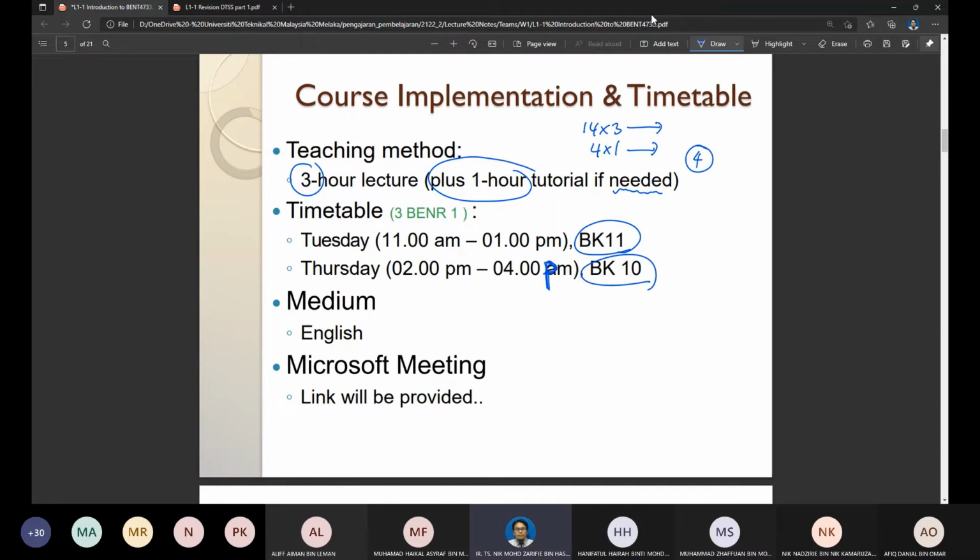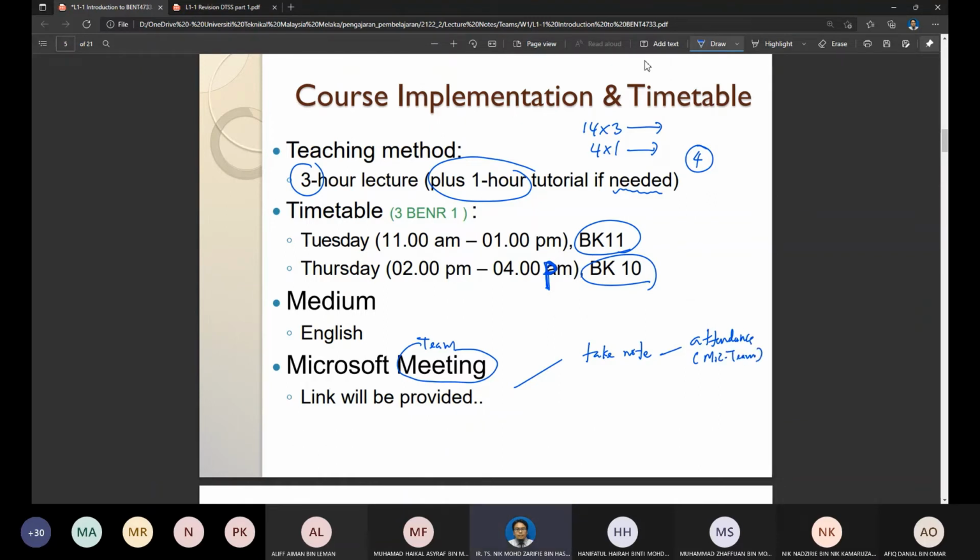PM. Okay. Hopefully the class will be conducted all in English, and I prefer to use Microsoft Teams, not meeting, Microsoft Teams. Make sure you take note of your attendance via Microsoft Teams.